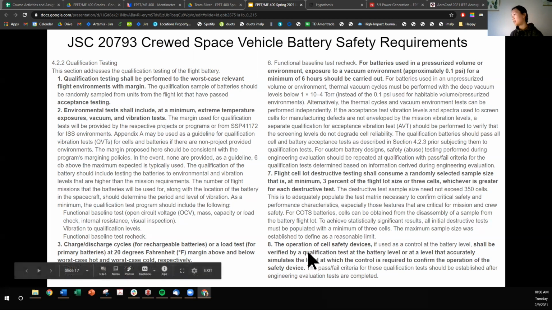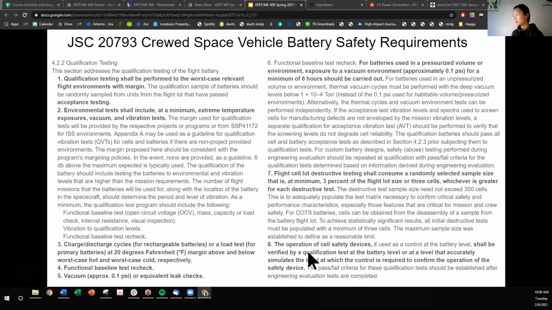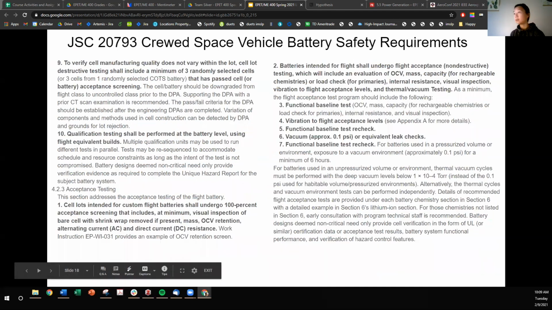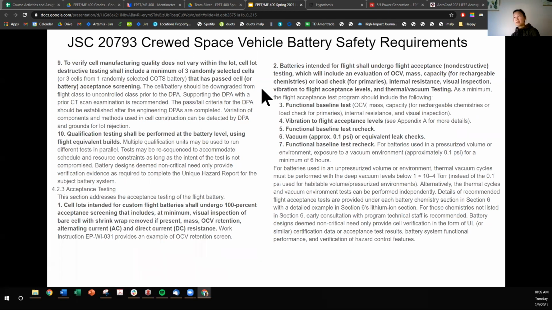Then the operation of cell safety devices shall be verified by a qualification test at the battery level or at a level that accurately simulates the level at which the control is required to confirm the operation of a safety device. And then to verify cell manufacturing quality does not vary within the lot, you do that destructive testing.